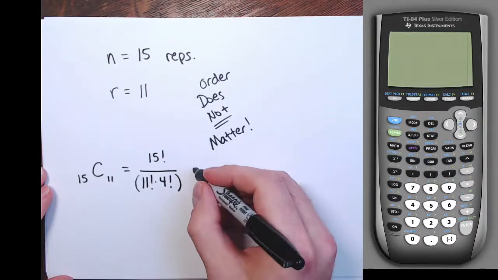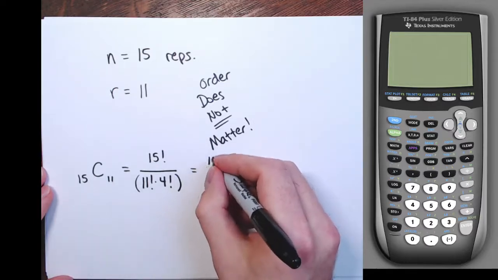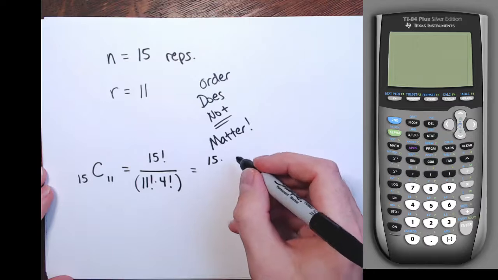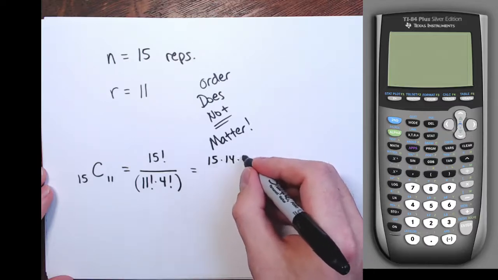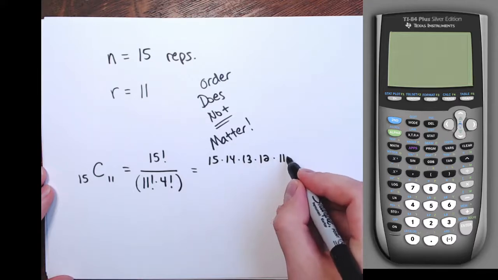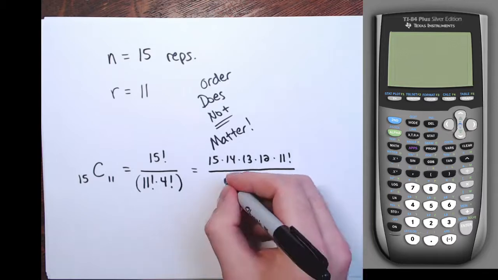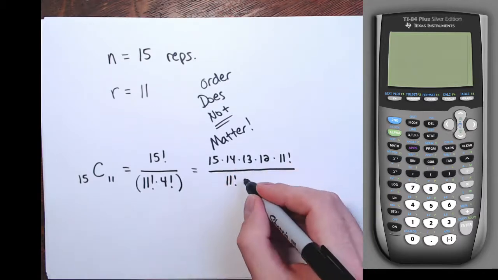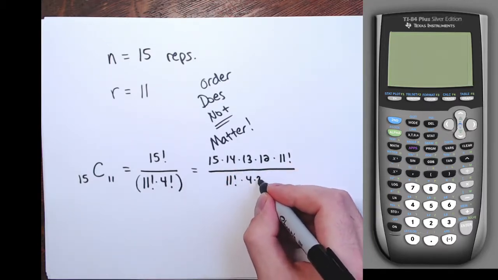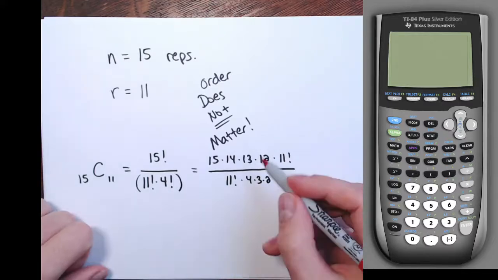Now we could do this by hand. This isn't too terrible, because, well, actually the numbers are kind of big. I'd have 15 times 14 times 13 times 12 times 11 factorial in the numerator. And then you got that 11 factorial in the denominator times 4 times 3 times 2 times 1, 4 factorial. And you got a lot of cancellations going on here.